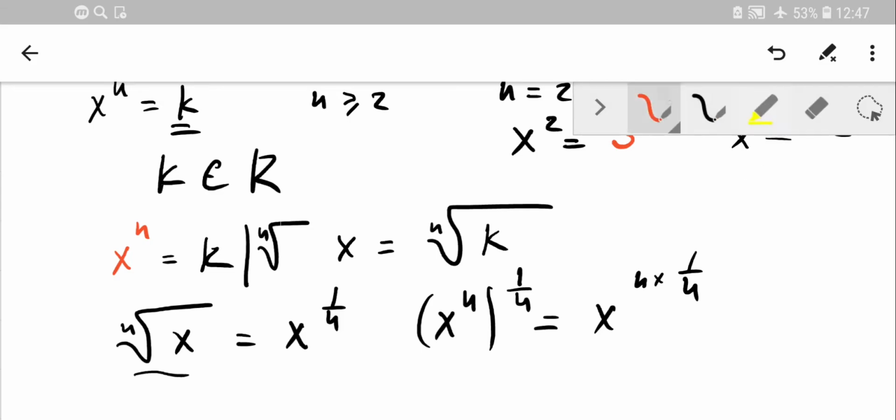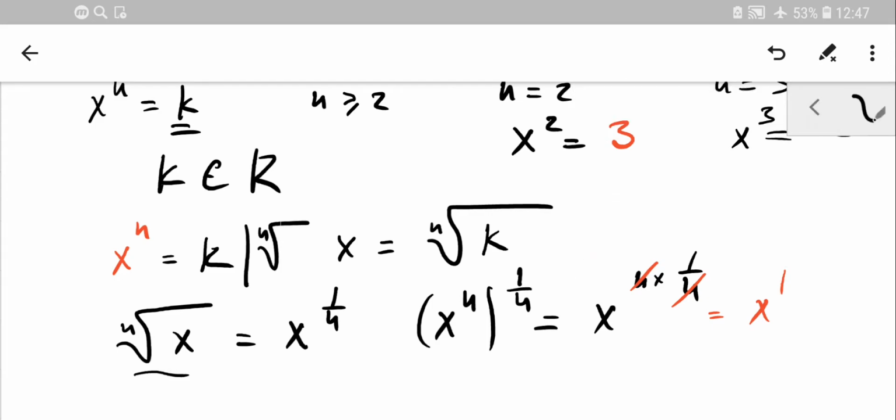So finally n will be cancelled and you're left with x to the power 1. So that's the most efficient way you can solve. For example, in x squared equals 16, you can guess that one of the values for x is 4.